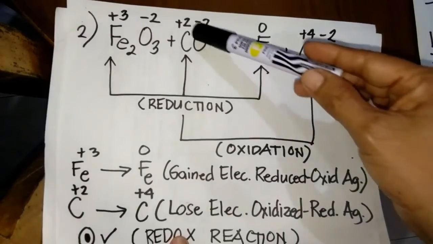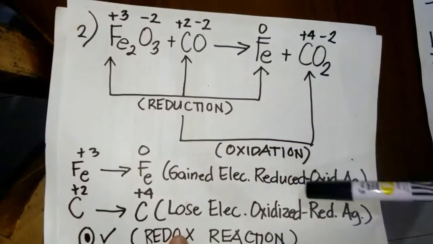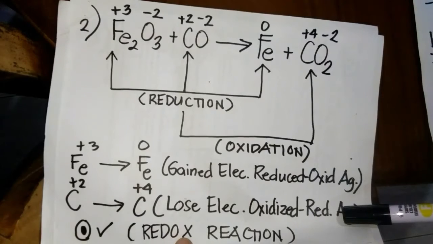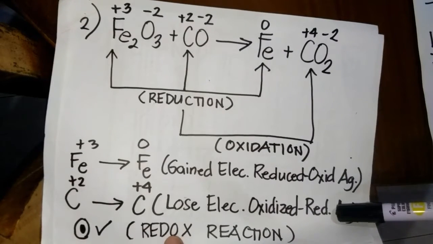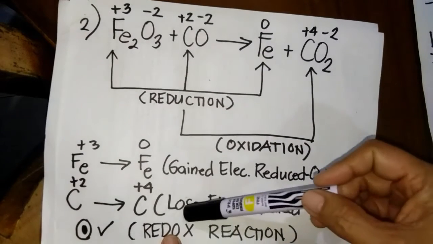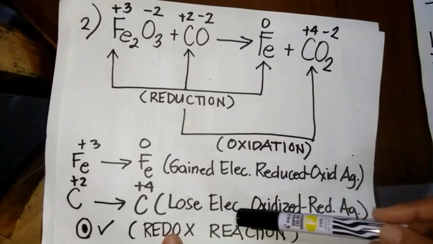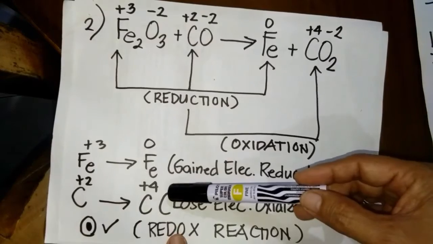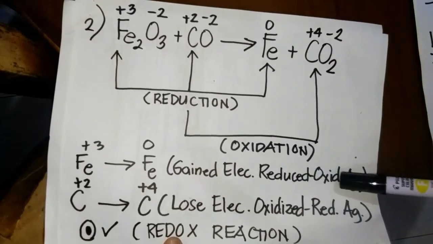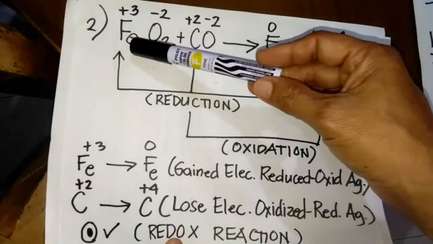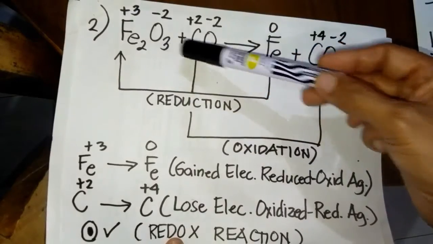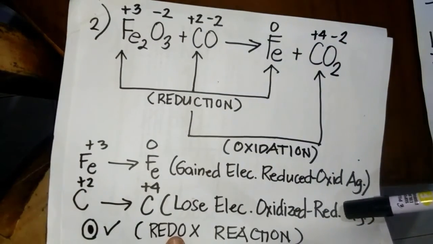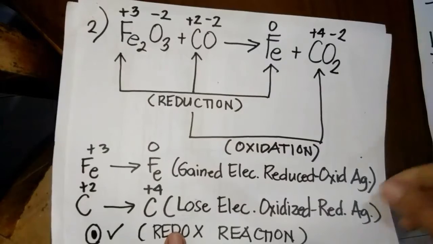Therefore, the carbon monoxide in the reactant side is our reducing agent. So this is a redox reaction. LEORA, losing electrons is oxidized, from positive 2 to positive 4. So our oxidizing agent is iron, or the Fe2O3, while our reducing agent is the carbon monoxide.